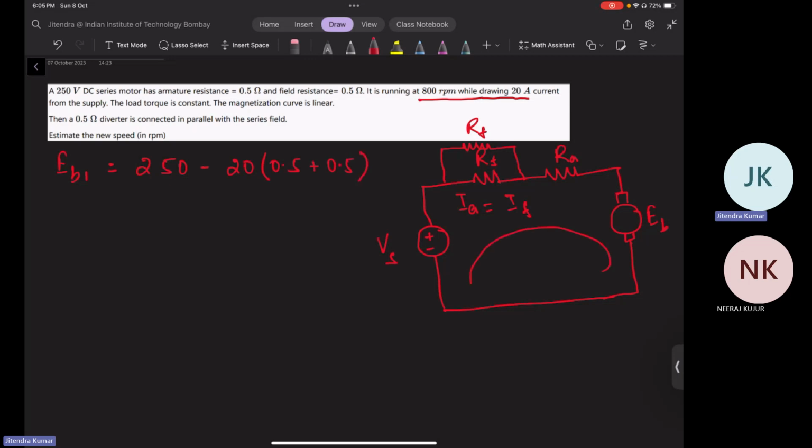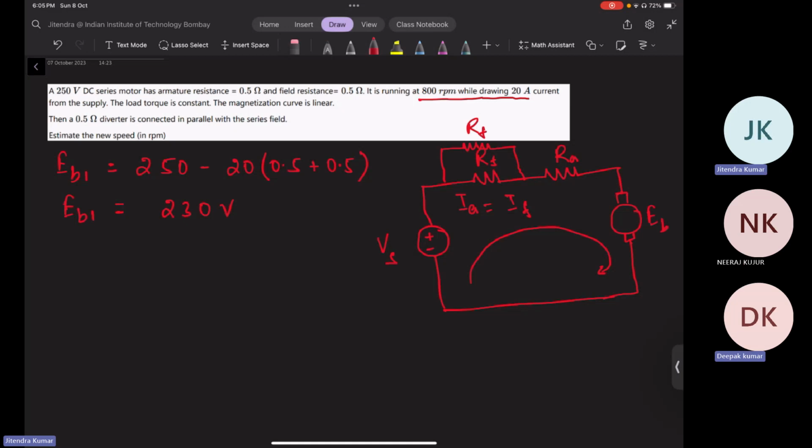If you apply KVL in the circuit, it will give you something like 230 volt, if I am not wrong. So this is your EB1. Now at this back EMF we have 800 RPM.